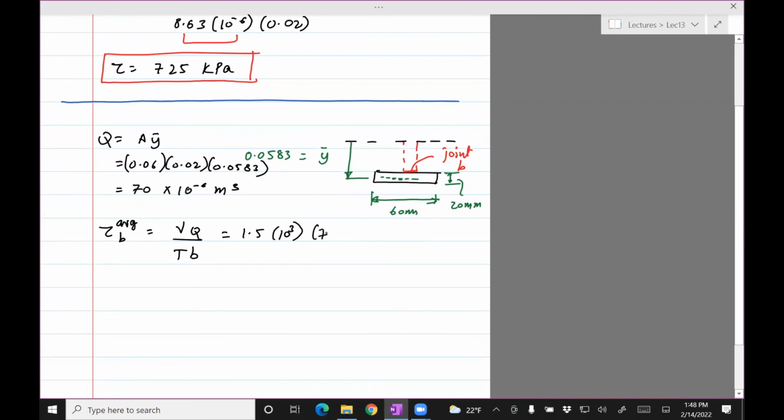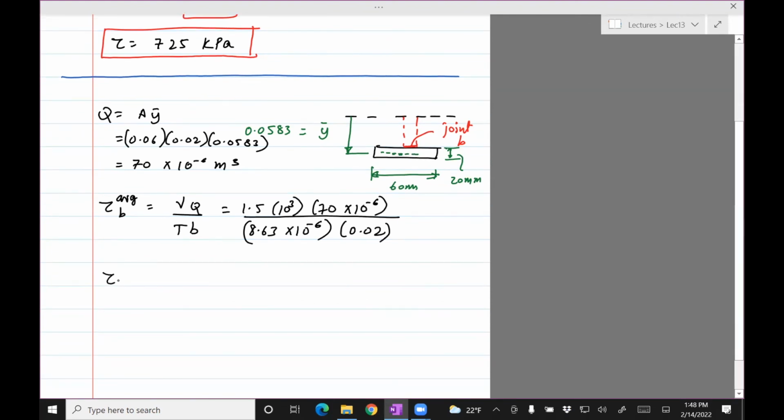So Q is 70 times 10 raised to negative 6. I is given to us, it's 8.63 times 10 raised to negative 6. And B, as I said, has to be the lower of the two dimensions. Here it's either 20 mm for the thickness or 60 mm. We choose the smaller one. So that comes out to be 608 kPa.